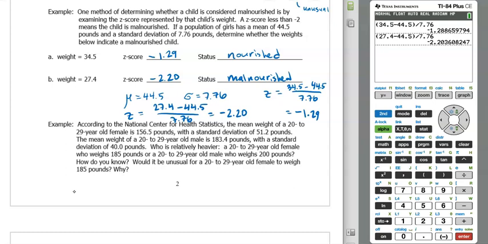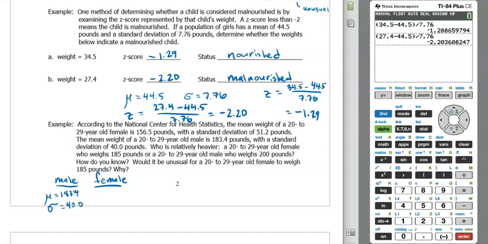And so I'm just going to make a little table to organize the parameters that are given for us. It says that the average male weight is 183.4 pounds, and the standard deviation is 40 pounds.